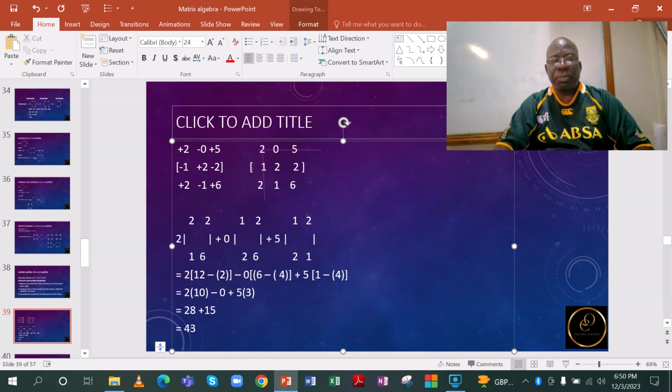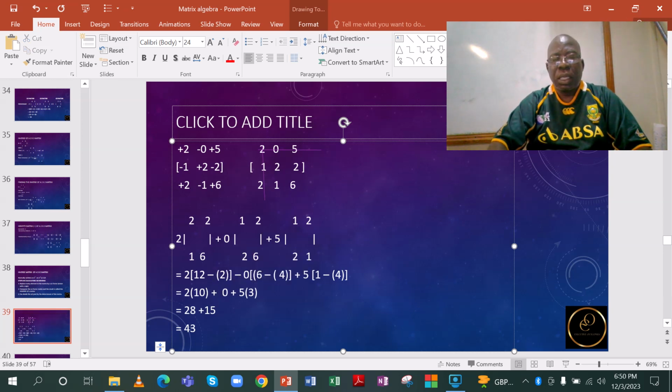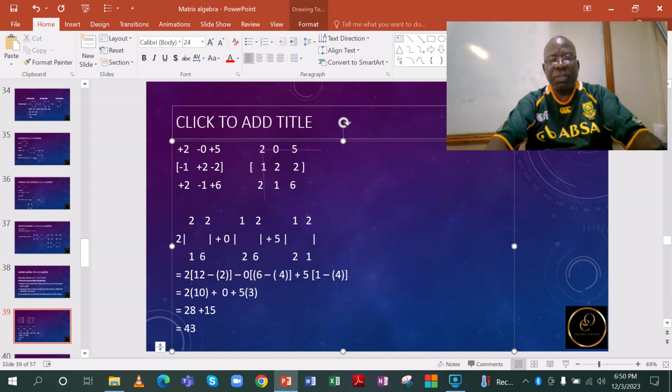Then 0 times any number is 0, so we have just plus 0. Then we have 5 times 1 minus 4, which is negative 3, which is basically negative 15.